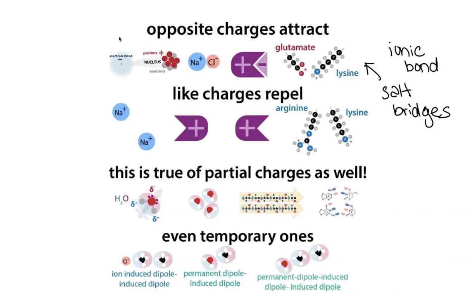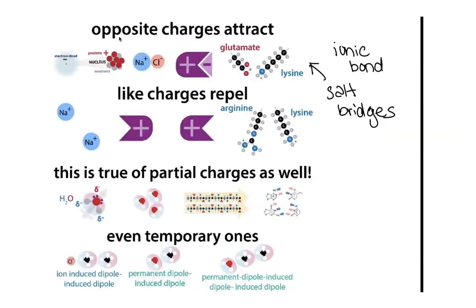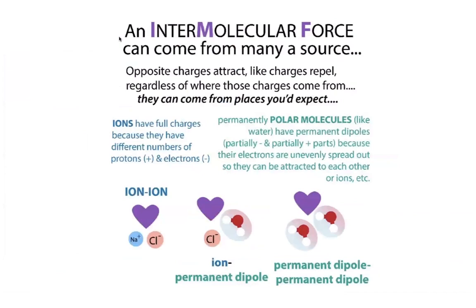But we could also have partial charge attractions, and we have different names for these depending on whether they're permanent or non-permanent, whether they're induced, this sort of thing. Collectively, we can call all these non-covalent interactions intermolecular forces. Remember that inter means between.